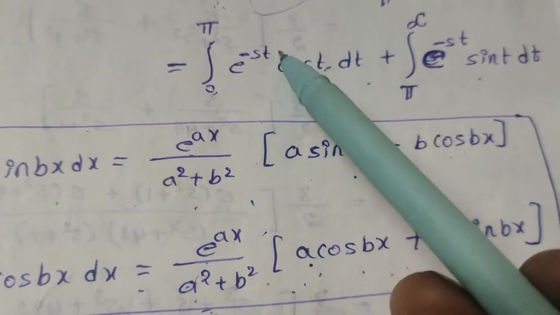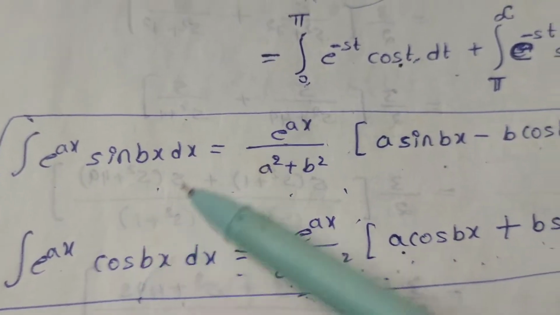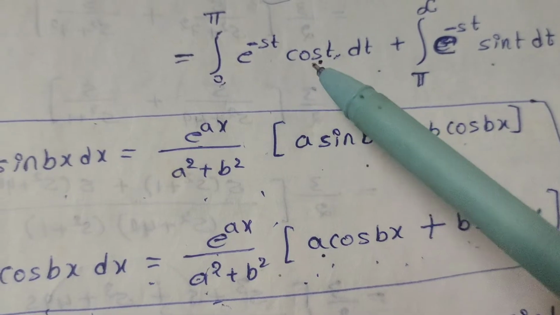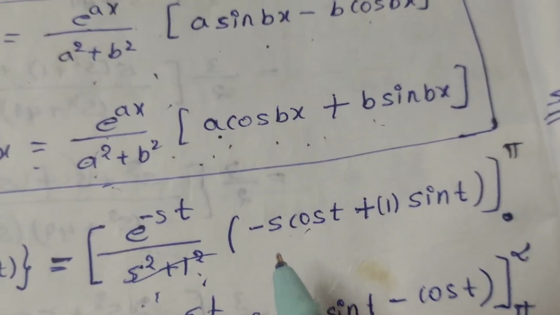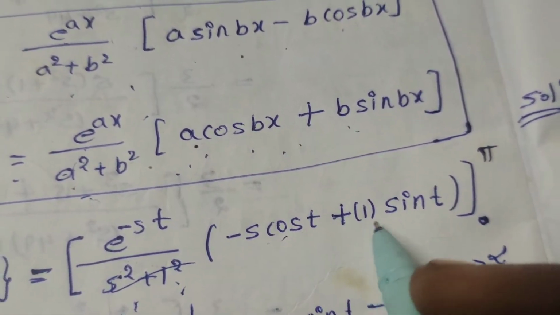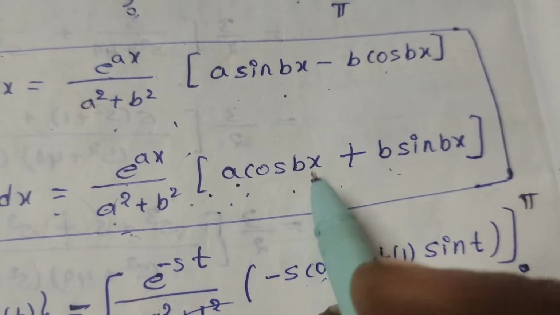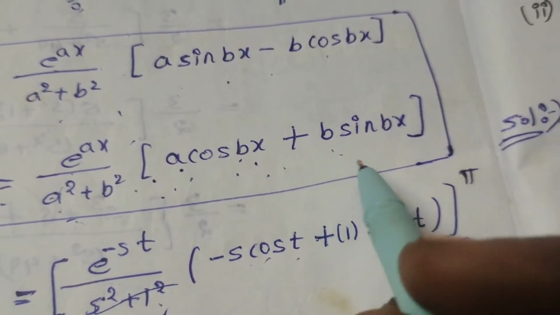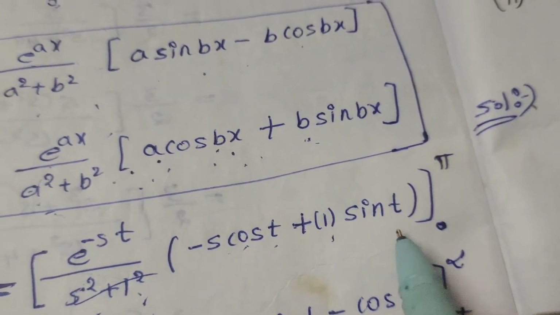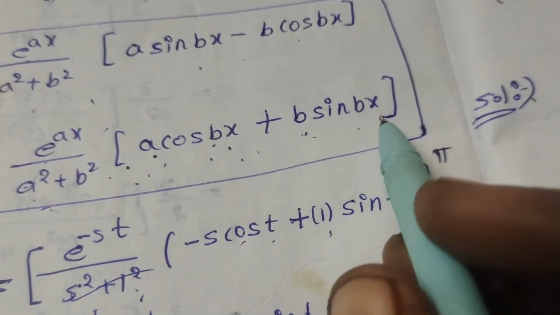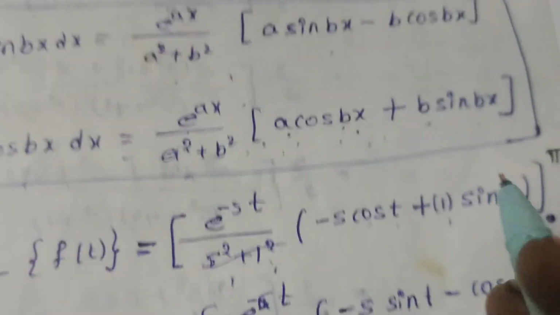Here a means s and b means 1, so we get −s cos t + 1 sin t, with x meaning t.